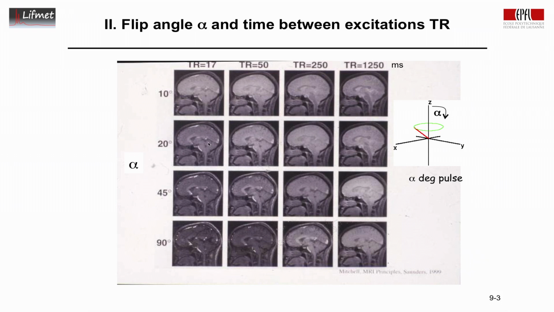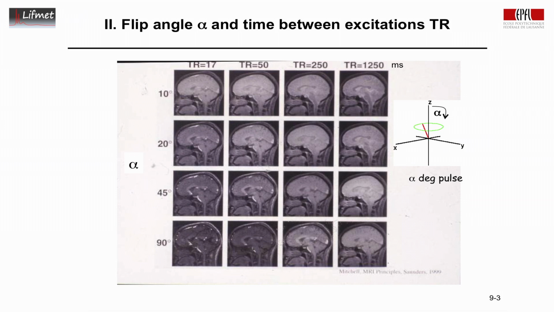What do we notice here? Well, we do notice that as we increase the flip angle, the image becomes progressively darker, and as we increase the TR, the image becomes progressively brighter. There's more intensity. Here it's a very grayish image, here it's essentially a black image. As a side note, the bright dots that we see here are actually blood vessels where magnetization is flowing into the image plane, but that's a side note.